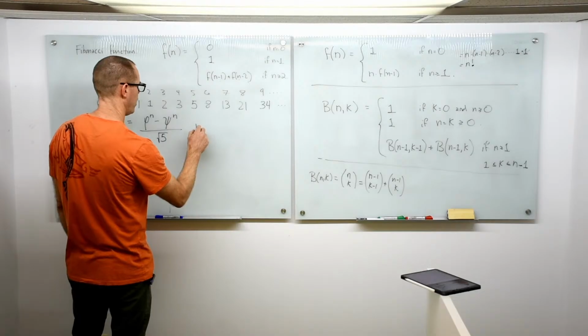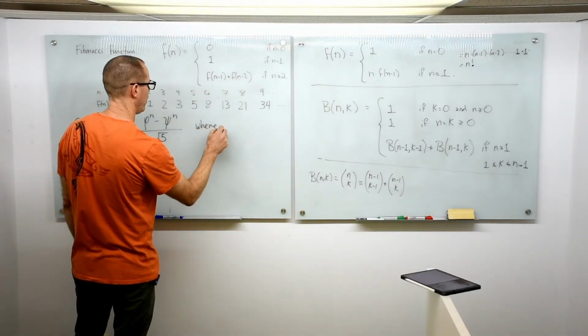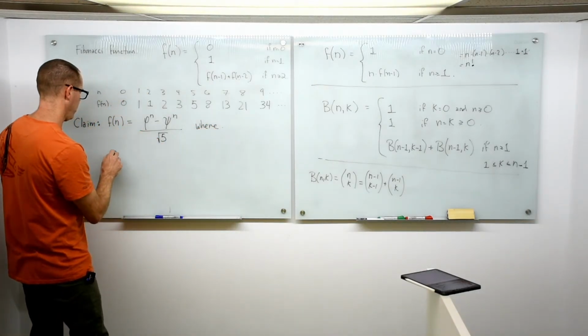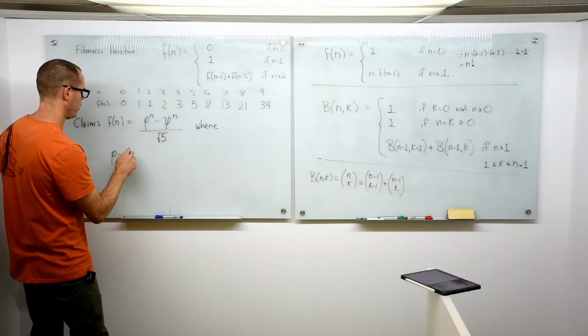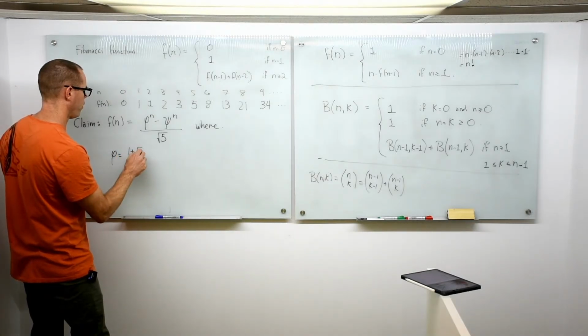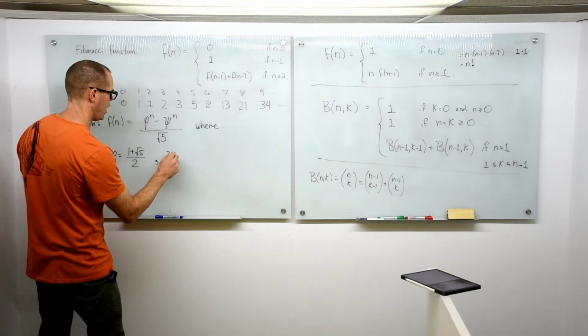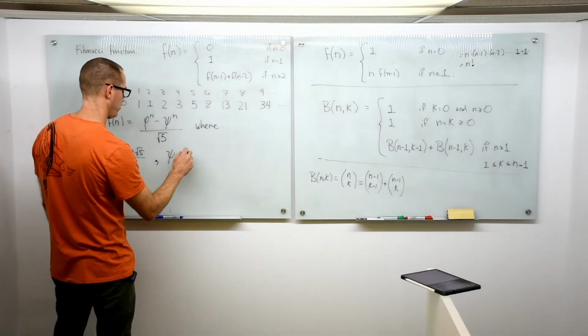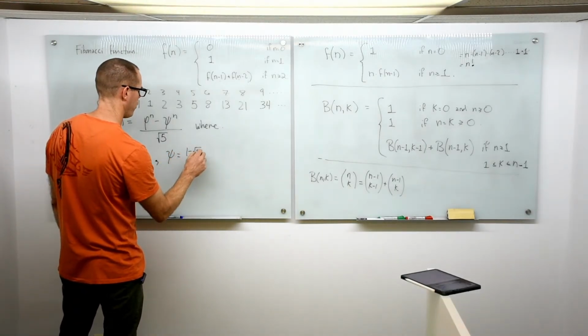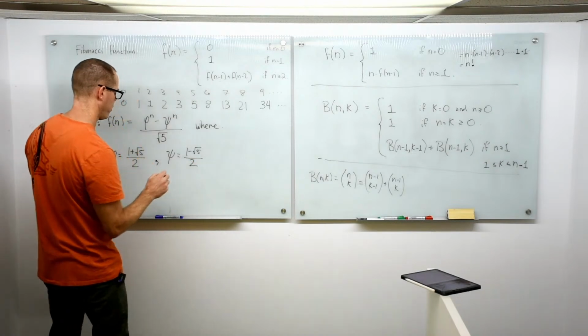Where, well, there's two new variables here, where phi is equal to 1 plus the square root of 5 over 2, and psi is equal to 1 minus the square root of 5 over 2.